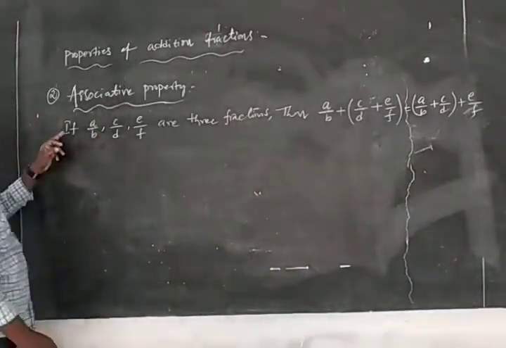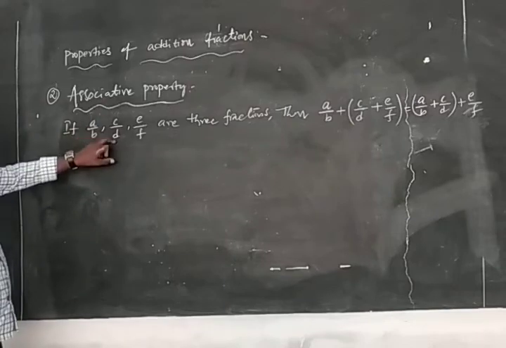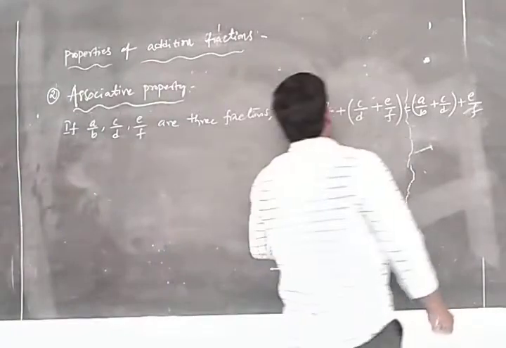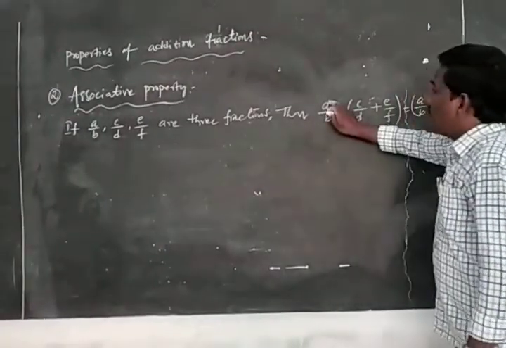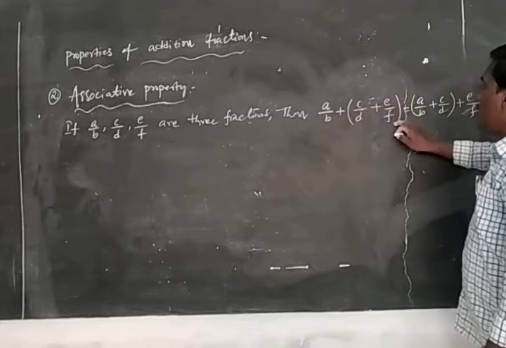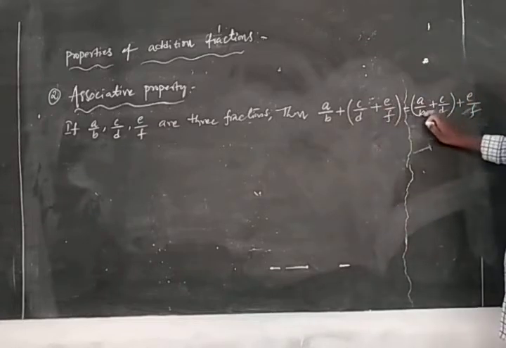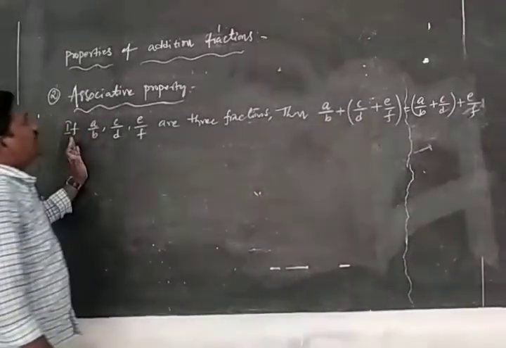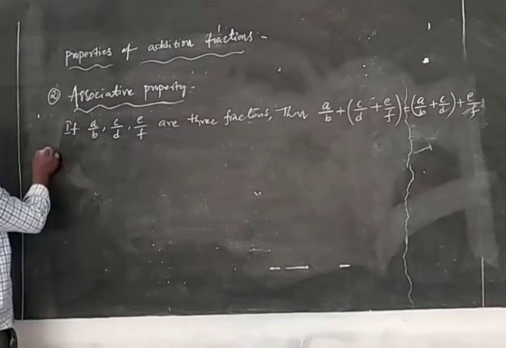Associative property. If a/b, c/d, e/f are three fractions, then you can say that a/b + (c/d + e/f) is equal to (a/b + c/d) + e/f. It is the associative property of the addition of fractions. For example, take any three fractions.